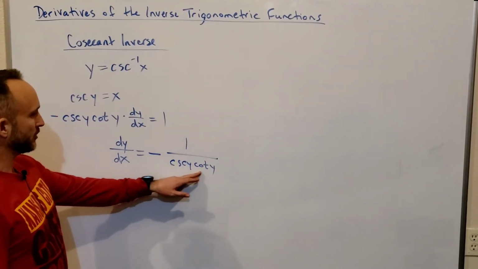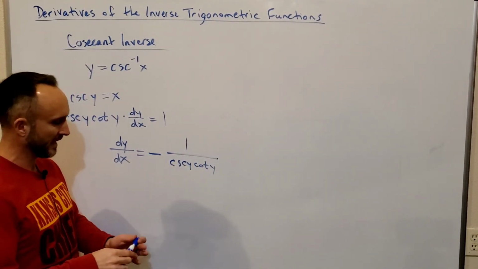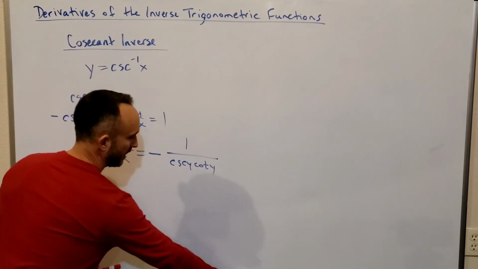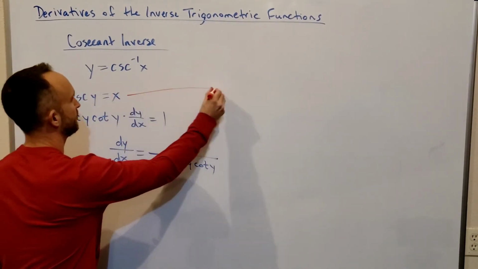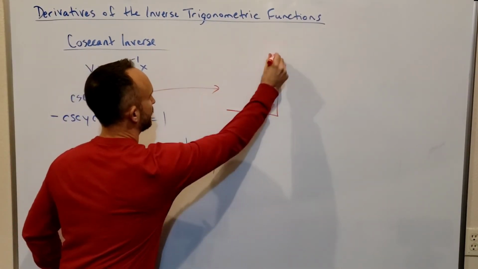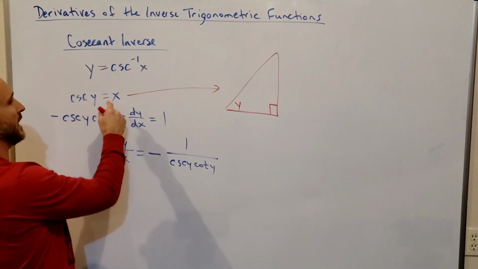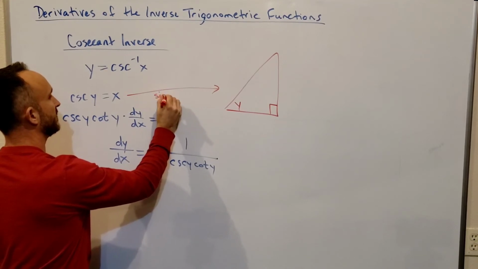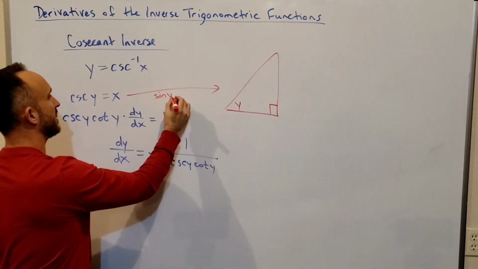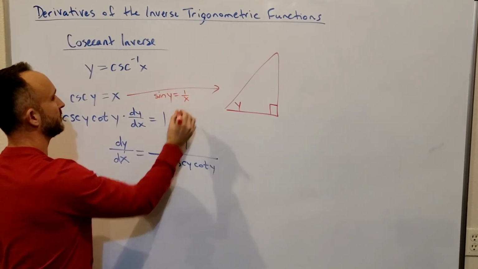So we'll go look at our right triangle to figure out how to write cosecant and cotangent of y in terms of x. We know that the cosecant of y is x, which means that the sine of y, the reciprocal, is 1 over x.